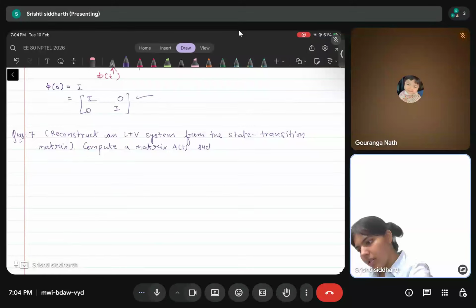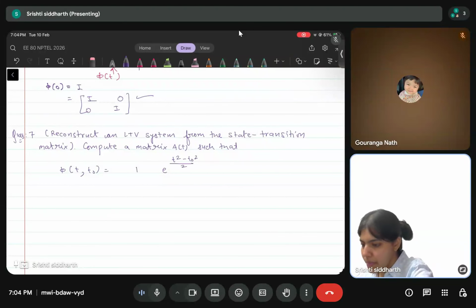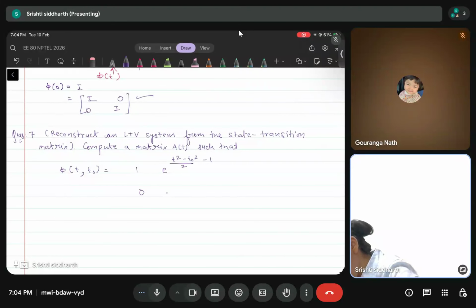Such that the state transition matrix phi(t, t naught) is 1, exponential of (t squared minus t naught squared) by 2, minus 1, 0.